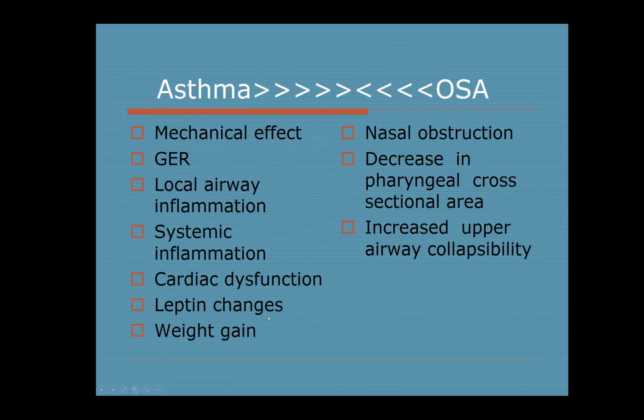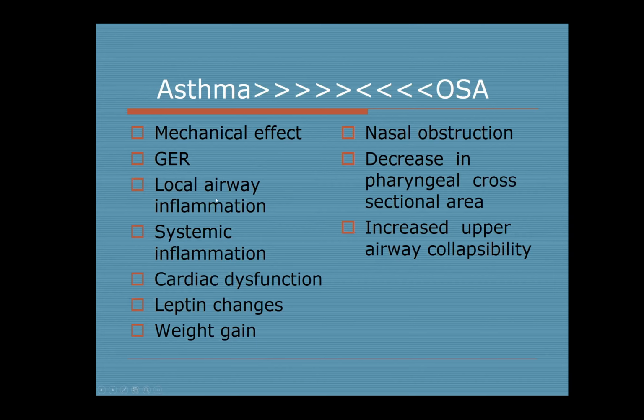And so this is a back and forth: the mechanical effect of the weight, the reflux, airway inflammation. And then with obesity, you're going to have cardiac dysfunction. With sleep apnea, you're going to have cardiac dysfunction. Leptin changes, weight, nasal obstruction, decreased pharyngeal cross-section area, increased upper airway collapsibility.